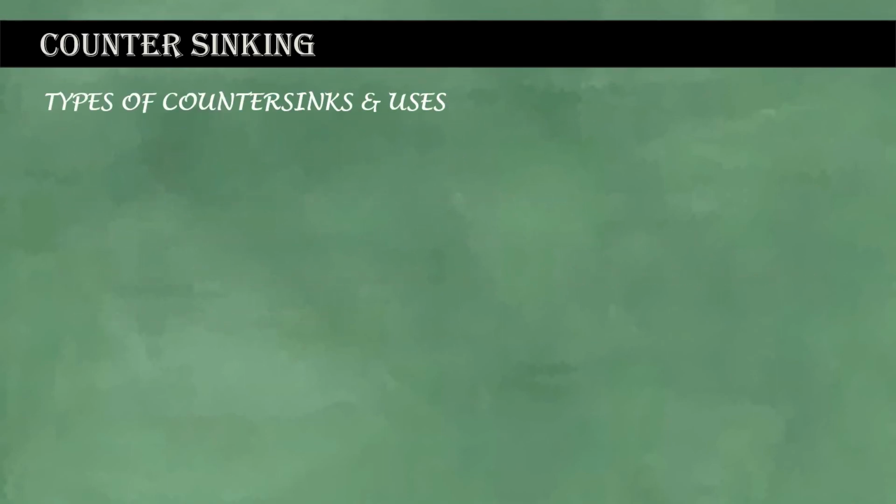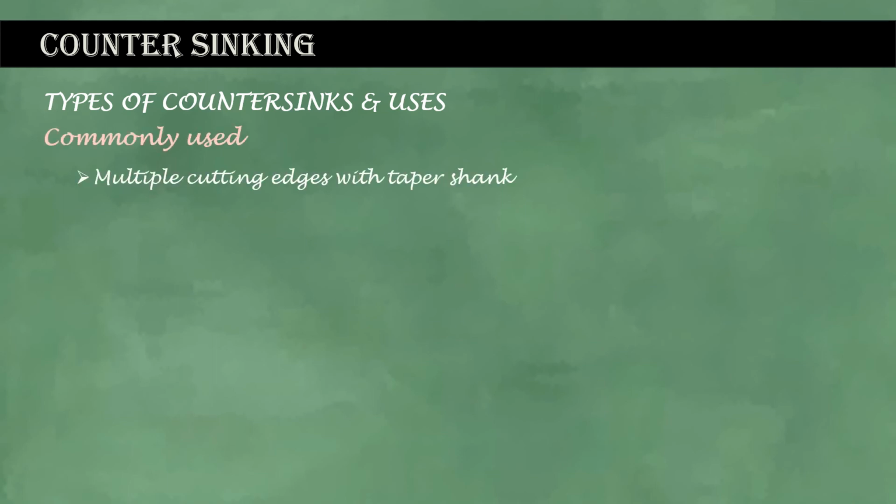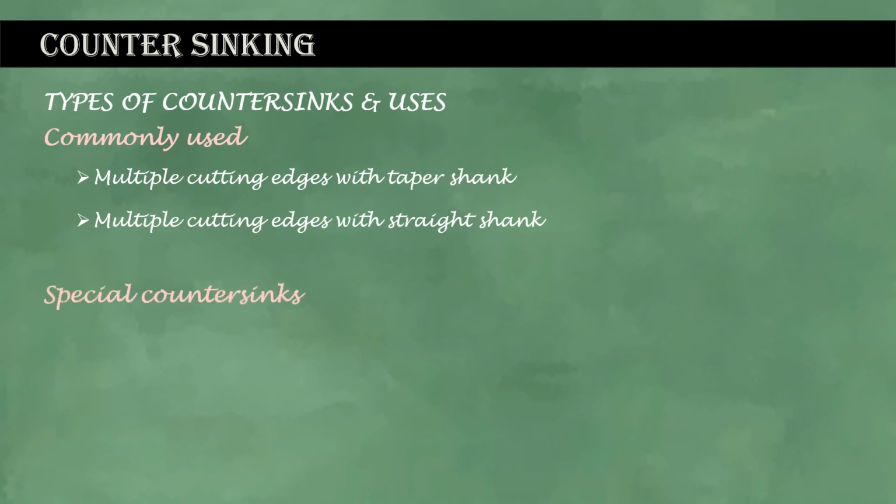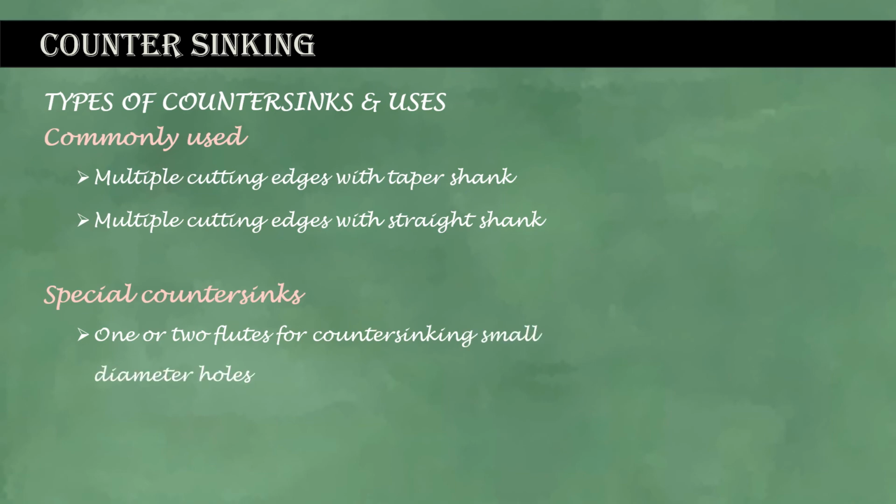Types of countersinks and uses. Commonly used: multiple cutting edges with taper shank. Multiple cutting edges with straight shank. Special countersinks: 1 or 2 flutes for countersinking small diameter holes.